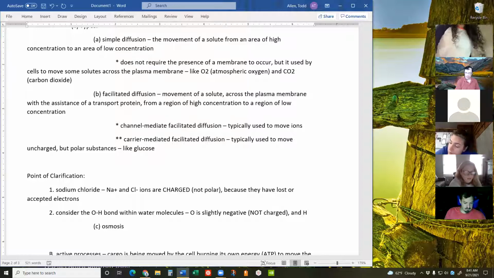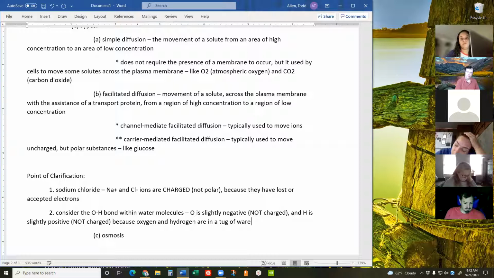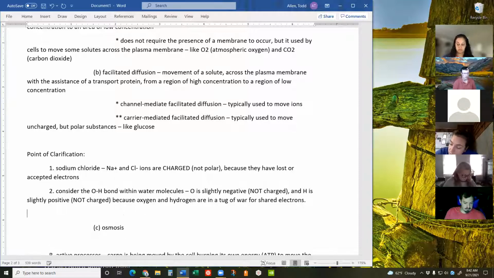And hydrogen is slightly positive, but it is not charged, because oxygen and hydrogen are in a tug of war for shared electrons. Okay? When we talk about something being polar or non-polar, it's always in the context of a bond where you're trying to share electrons. Okay?